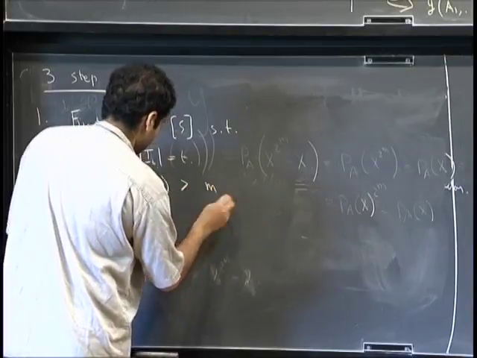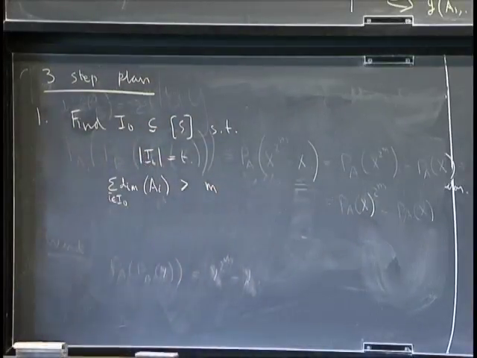So we'll first find a collection of x_i's of size t which have a lot of entropy in them.